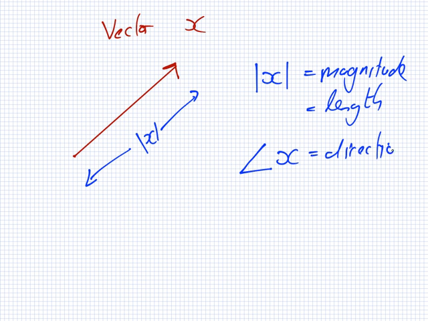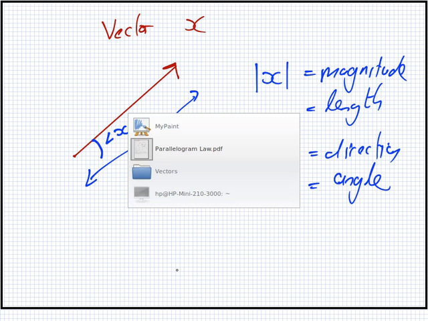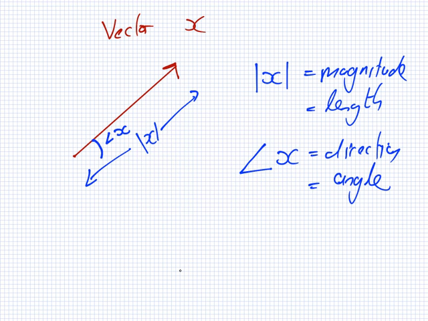And what represents the direction? Not quite the head, the angle. Yeah, where it's pointing. So this here is the direction. Okay, do you need to write that down actually? Yeah.